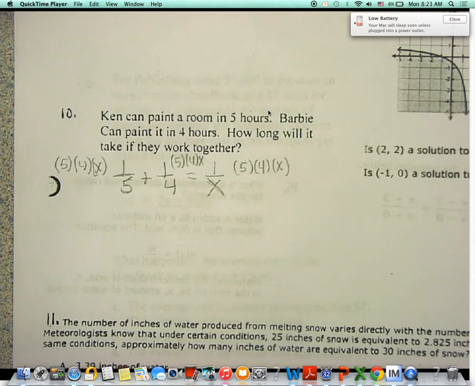Okay, y'all work that out. Y'all got it worked out already?